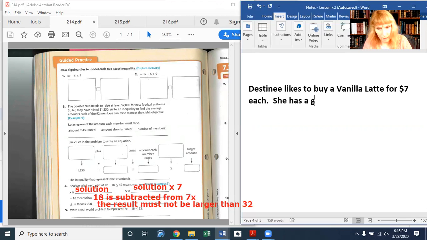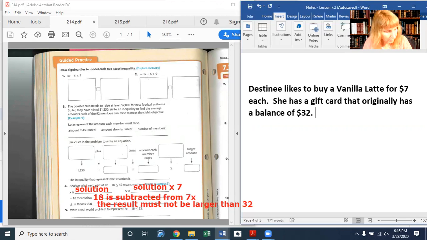She has a gift card that originally had a balance of $32 on it, right? She has, what do you think I'm going to say? She has already spent, what do you think?